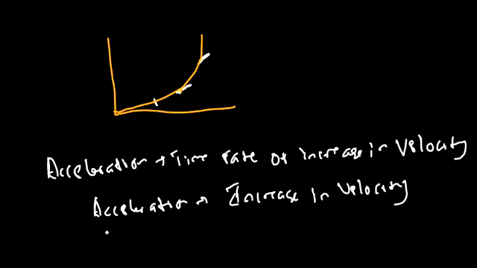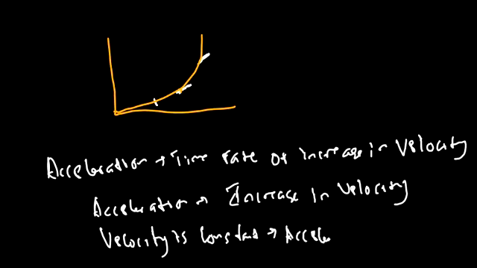It means that when velocity is constant, acceleration is equal to 0. Take note of that. When velocity is constant, acceleration equals 0. Now let's begin to look at scenarios that may occur with graphs.